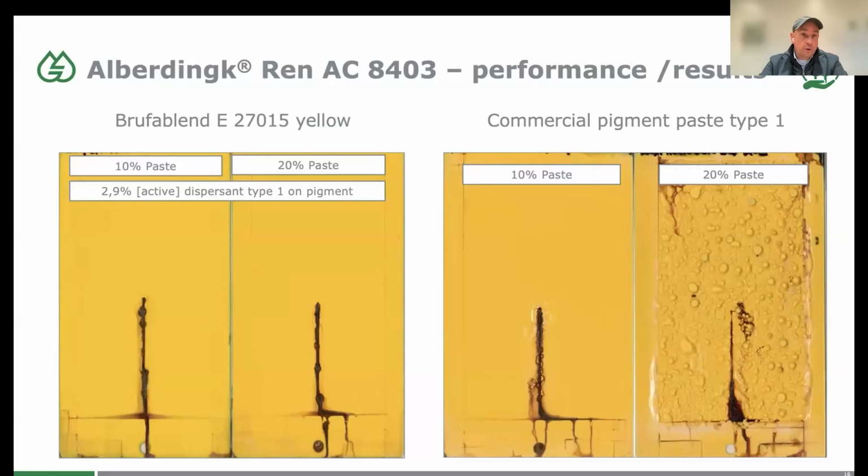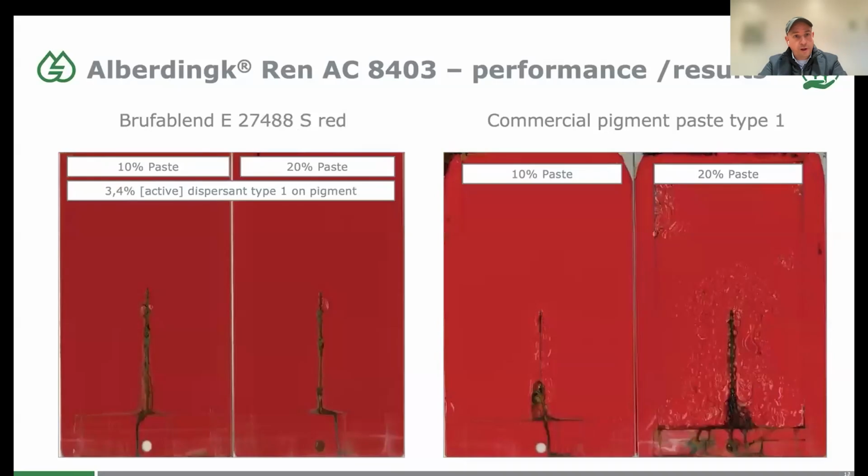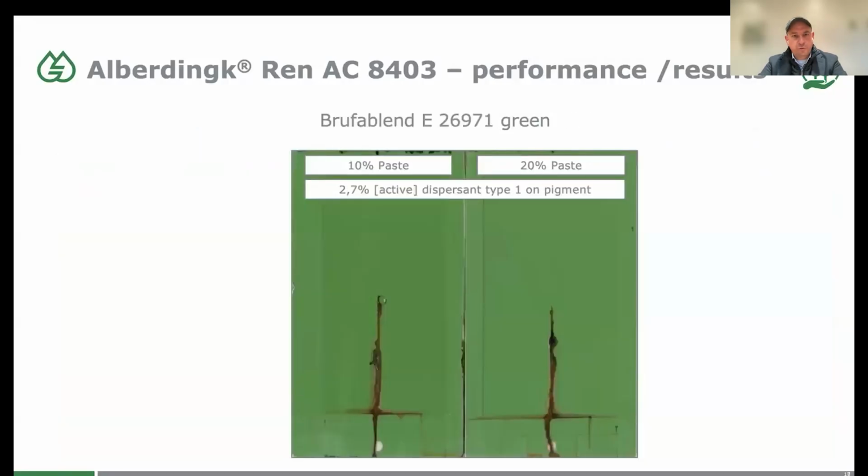1,440 hours. And we can continue this to Fire Brigade Red, which is exactly the same. So again, having the right pigment with the right blend of low organic content, although here it's higher, you can see it's 3.4% active dispersant on the pigment. You are always getting very, very good corrosion protection. I'll continue with a Reseda Green, and I think I finish also on the colorful journey here. It's basically the same in green.